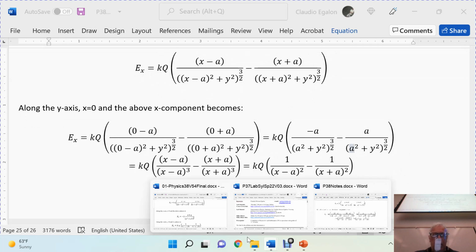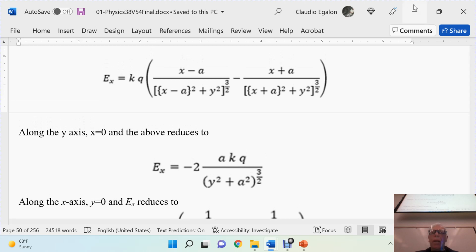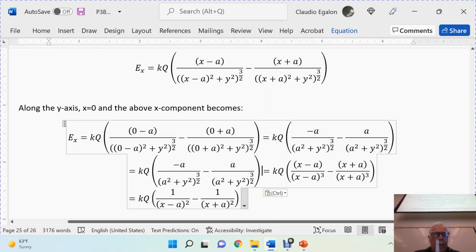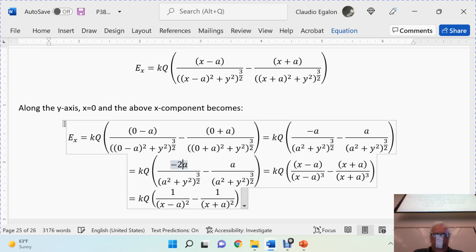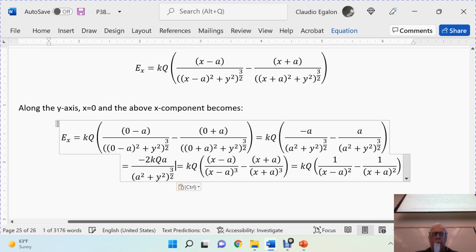Let's go back here. Let's see if we can do more, right? Yeah, those two denominators are the same. So one more step. We are going to end up with 2akq. Negative sign. Okay.